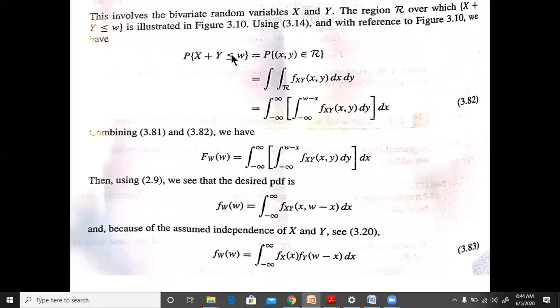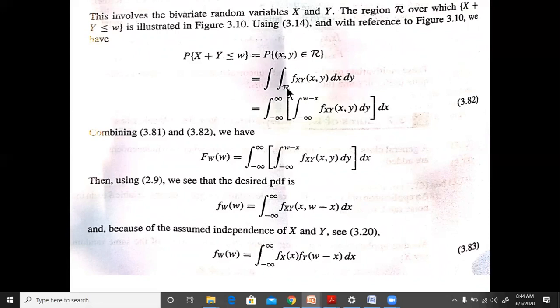So therefore, the probability of X plus Y less than w is equal to P of (X, Y) belonging to R, that is the double integral of the joint probability density function of X and Y together, f of XY (x, y) dx dy, as given in equation 3.14.